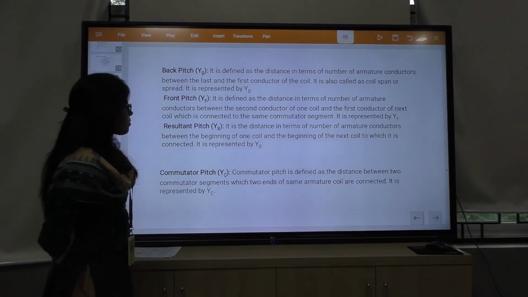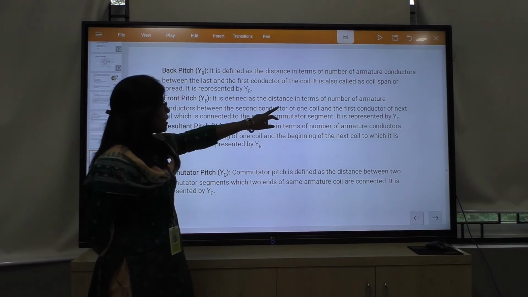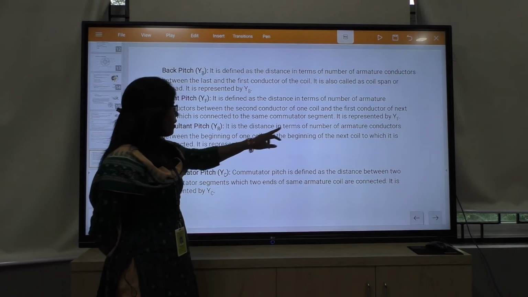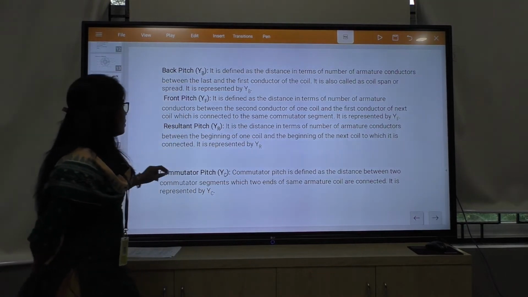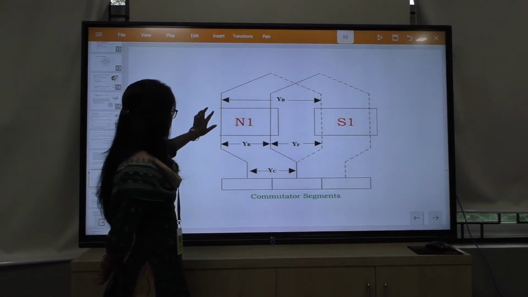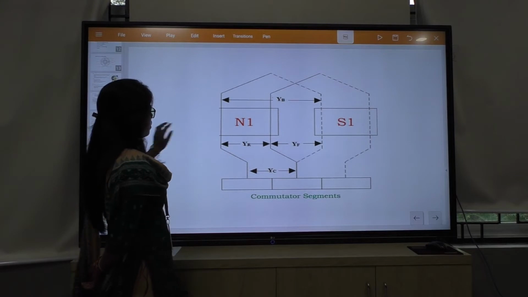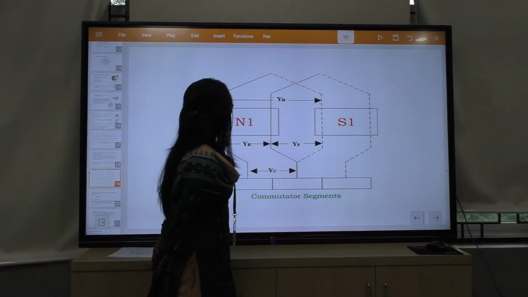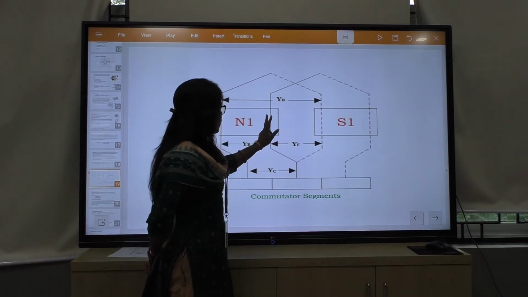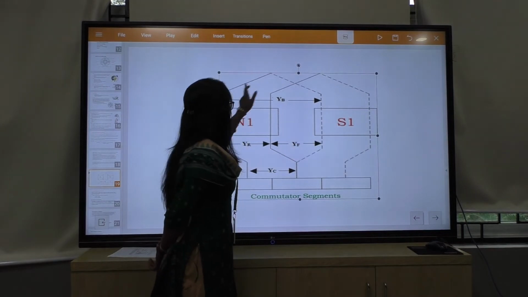Front pitch. Front pitch is defined as the distance in terms of armature conductors between the second conductor of one coil and the first conductor of the next coil. This is the first coil and this one is the second coil.